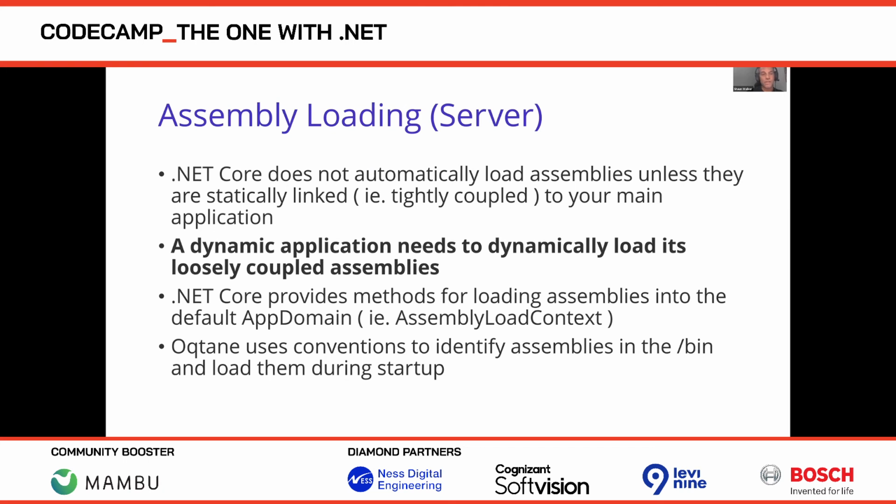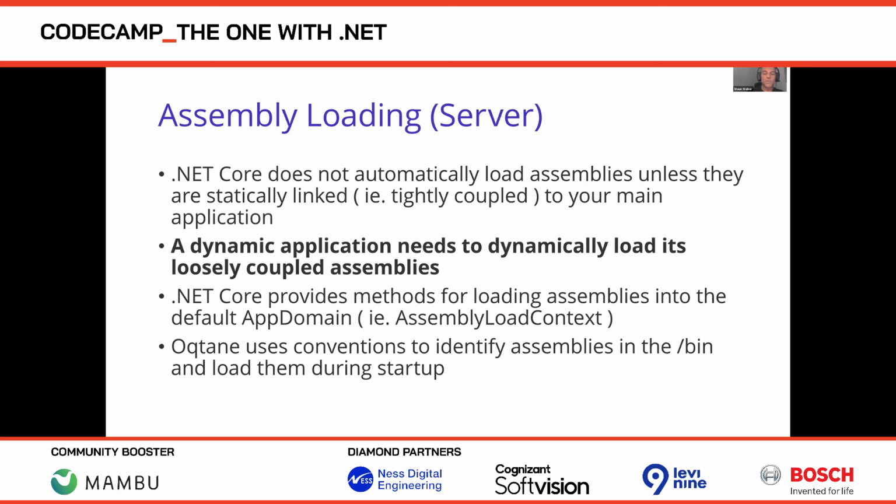For example, when it comes to assembly loading, .NET Core automatically loads only those assemblies that are statically linked to your main application. So again, you have to have your assemblies tightly coupled to your main application in order for them to be loaded by default. In a dynamic application, there'll be a whole lot of assemblies in the bin that are not going to be loaded by default because they're not statically linked.